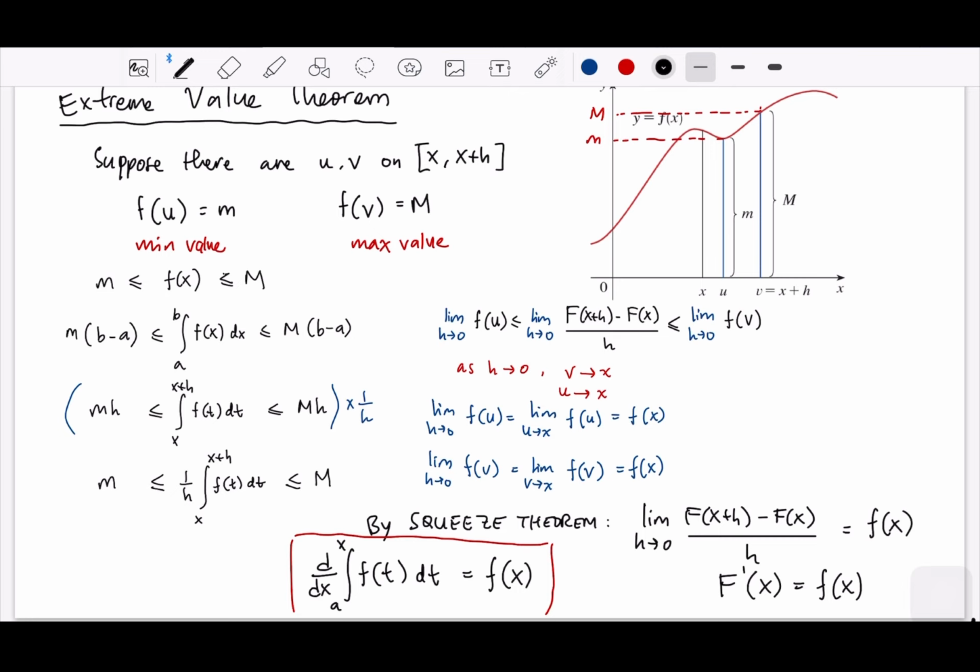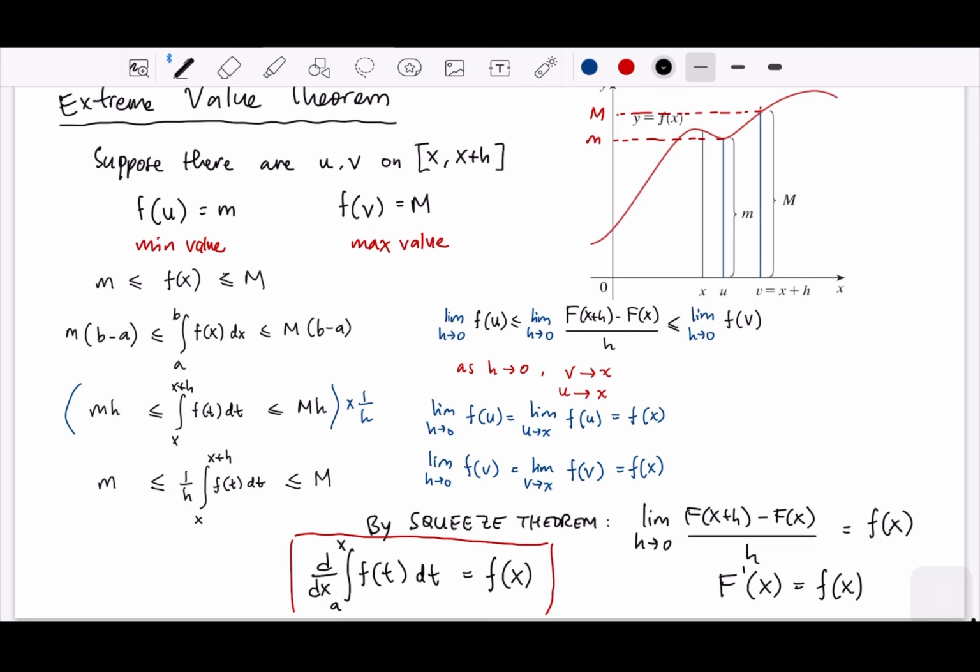But of course, this is for the definition only. There will be some applications for how to use this fundamental theorem of calculus in practice. For example, sometimes a function can be written in integration form. So for example, this is a function.